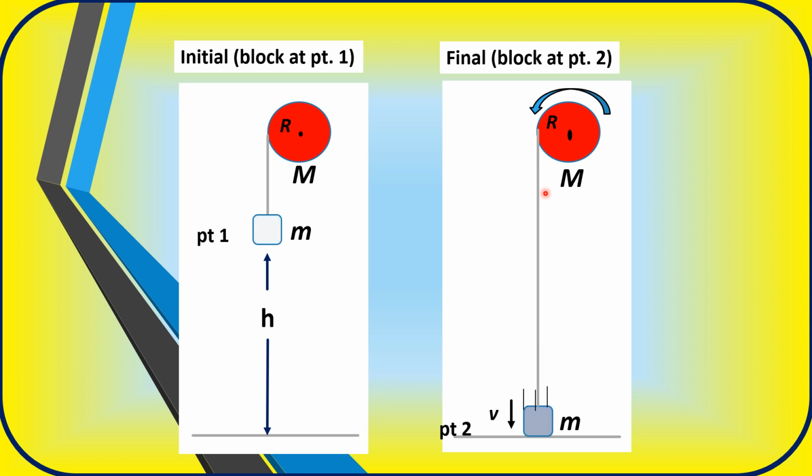And we have to assume that when it unwinds, the cable does not slip. So we say that the solid cylinder is just rotating or rolling without slipping, and at the same time, the cable does not stretch.